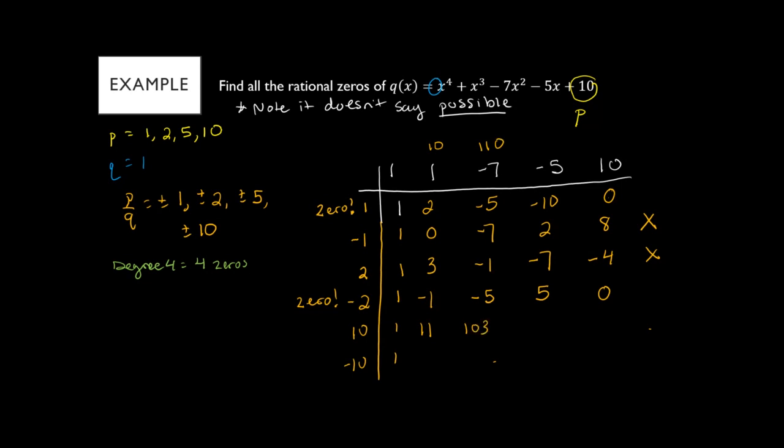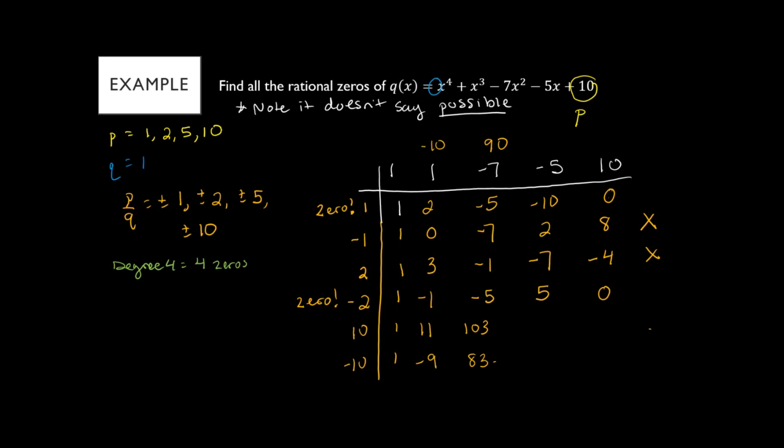This is going to get really far away here. Because now we're going to do 10 times 103. That's going to get really hard to get back to 0. And then let's try -10. So that's -10 plus 1 is -9. That's going to give us a positive 90. Gives us an 83. And once again, this is going to get really far away from 0.